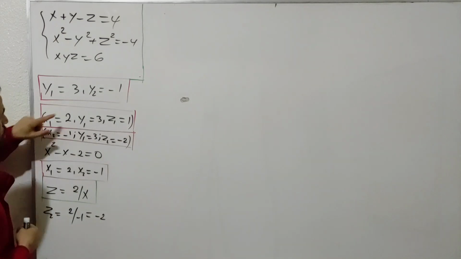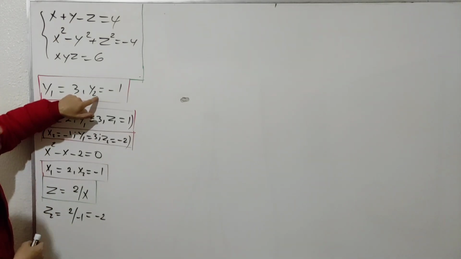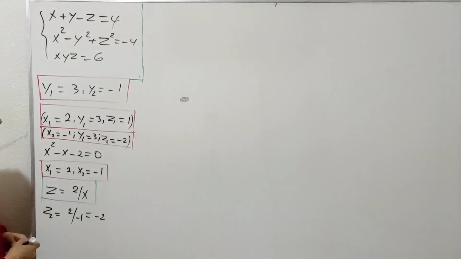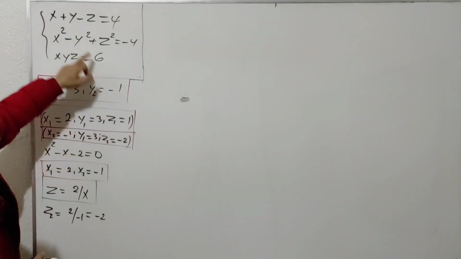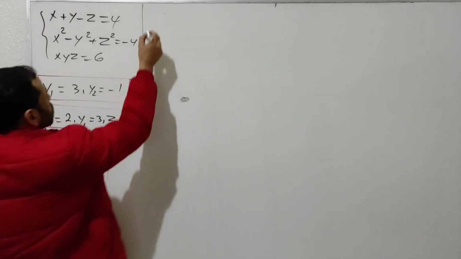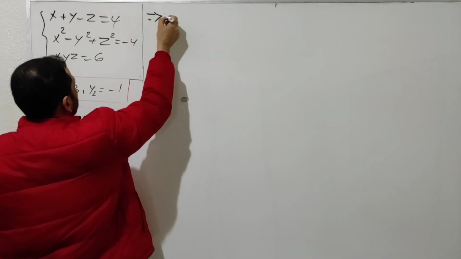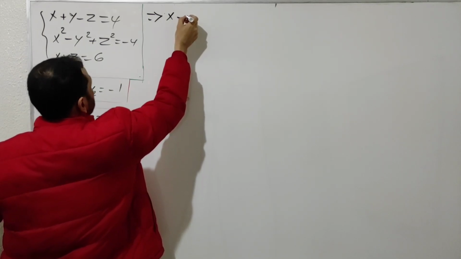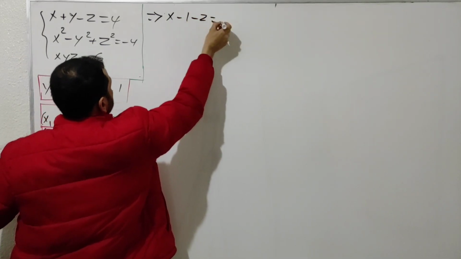Now I'm going to use the second value of y, which is y2 equals minus 1, to find another two solutions. By taking this value of minus 1 and inserting it into the first equation, I will have x minus y minus z equals 4.